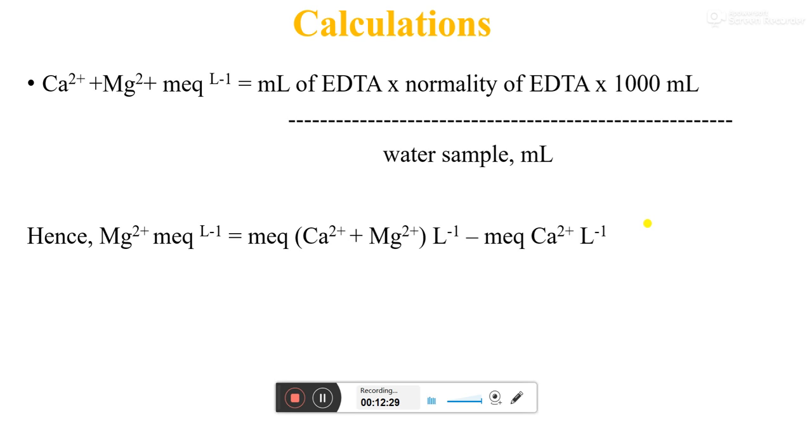So lastly, for the calculation of magnesium, we calculate magnesium from calcium plus magnesium minus calcium. So combinedly, from calcium plus magnesium, we subtract the calcium to obtain magnesium. Okay, this is all about calcium and calcium plus magnesium.